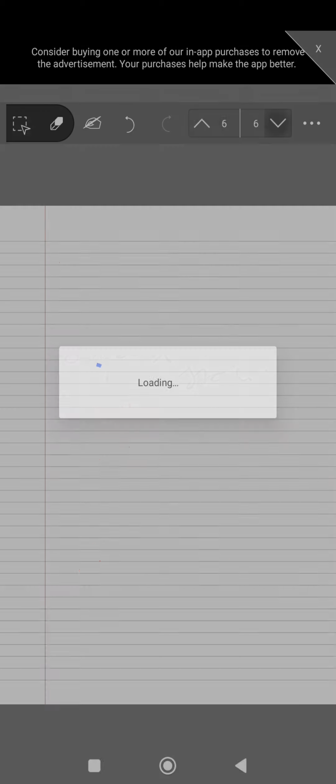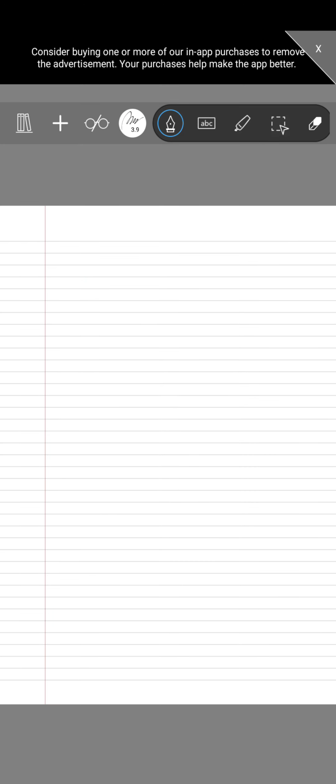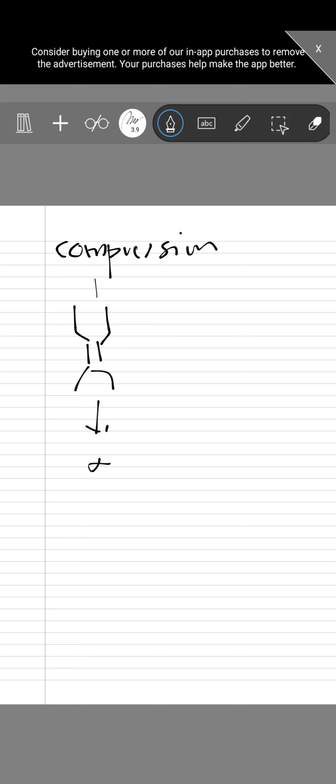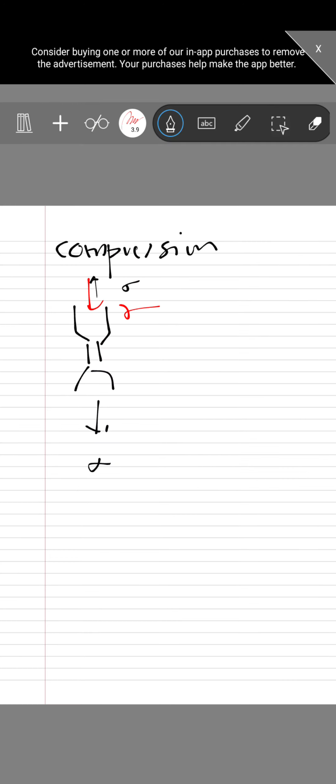Now if you move to the process of compression, what is compression? How is it different from tension? Instead of applying the stress in this direction, we have now changed the direction of stress to the opposite direction.